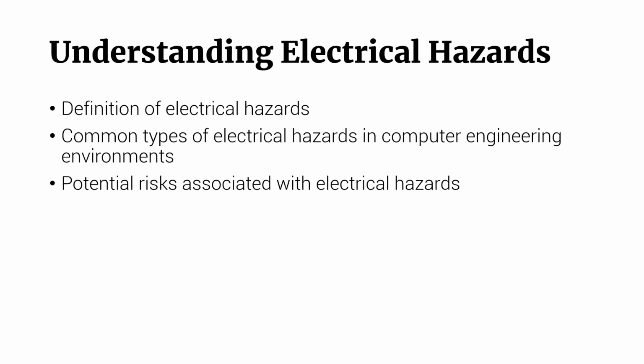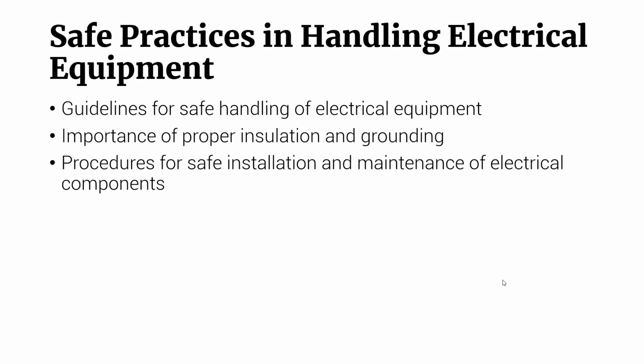Overloading and short circuit can damage electrical equipment, disrupt operations, and create hazardous conditions for nearby personnel. And the last one is high voltage. It could lead to severe injuries or fatalities requiring immediate medical attention and emergency response. Let's now talk about the safety practices in handling electrical equipment.